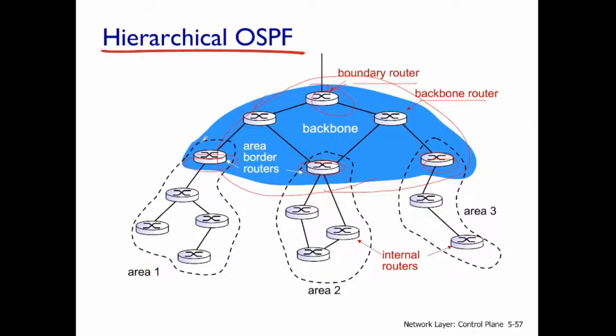So this one here and here and here are the area border routers. The area border routers, boundary routers, as well as the other backbone routers together form the backbone, and they together run OSPF too, but that is independent of the OSPF running inside each of these areas.